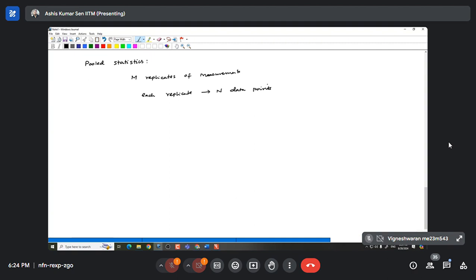So you have i, let's say, going from 1 to n, and your j goes from 1 to m. So you really talk about the data points now no longer as xi, but xij, right? The first index stands for the data number, the second stands for the data set or the replicate.